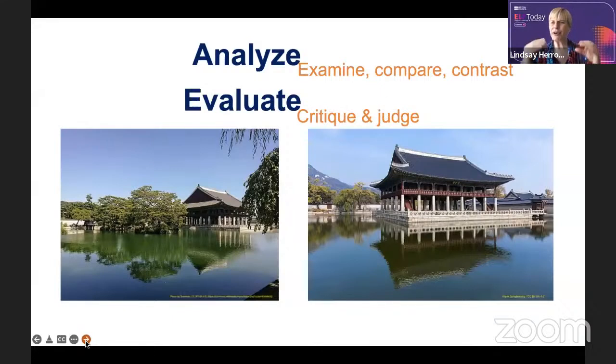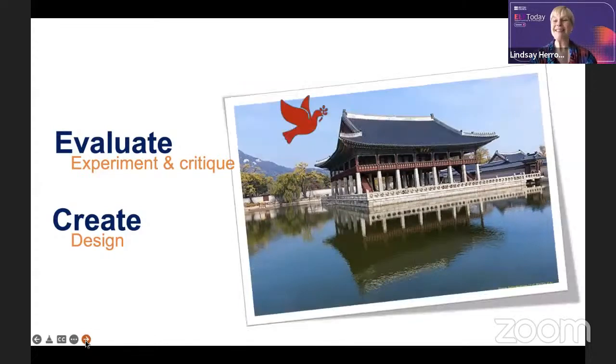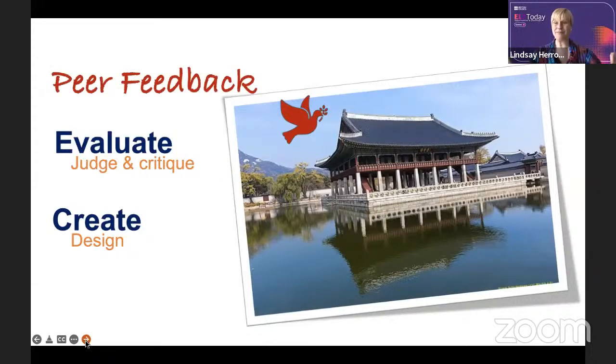And then you need to critique and judge which one best expresses my meaning, my intention, and suits the feel of my video, the theme of my pamphlet, the color choices I've made. And then you can start to experiment and evaluate and critique the way it looks as you design something totally new that expresses your personal meaning.